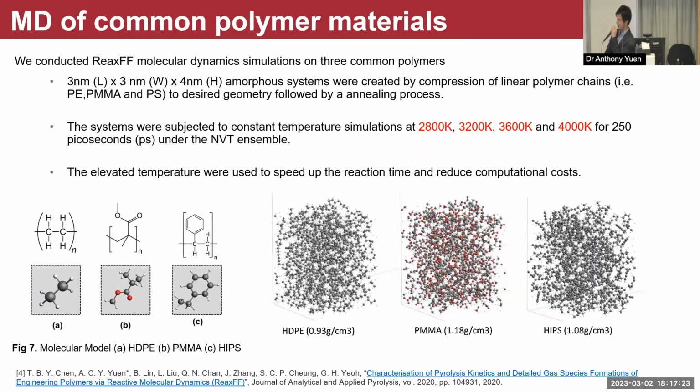Many people may argue that, but we also need to understand that the scale of the simulation is different in MD because we are running in picoseconds, which is 10 to the minus 12. So the temperature needs to be higher to speed up the process of the molecular breakdown.